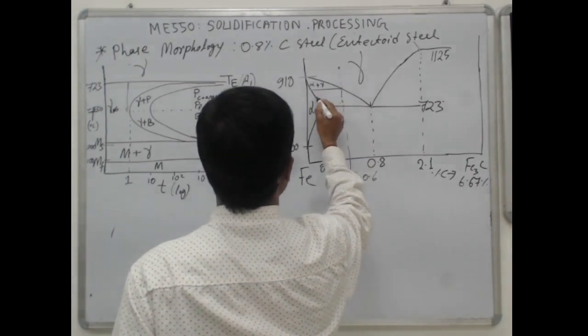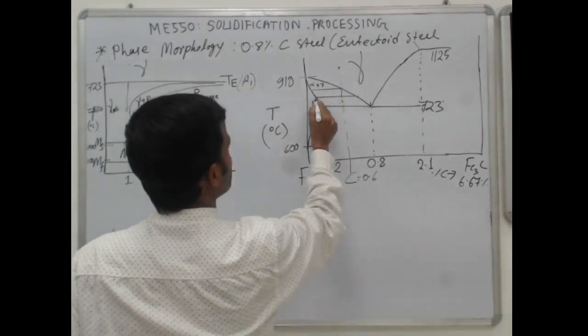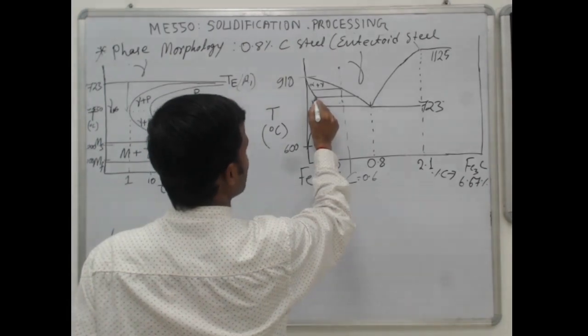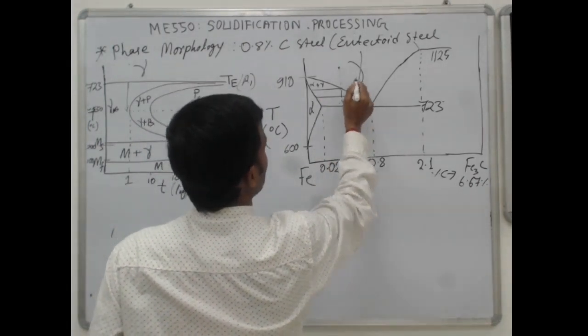If you are at this temperature, this is the composition of carbon in alpha. This is the composition of carbon in the austenite.